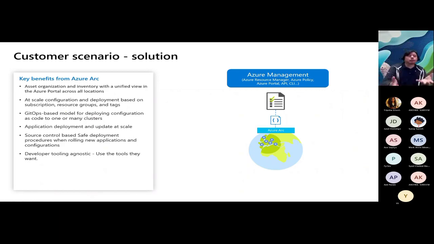What happens is when you bring your Kubernetes cluster to Azure, you can bring it to a specific subscription, to a specific resource group and tags, because in the end, you will see that resource the same way you see resources that you deploy directly to Azure.